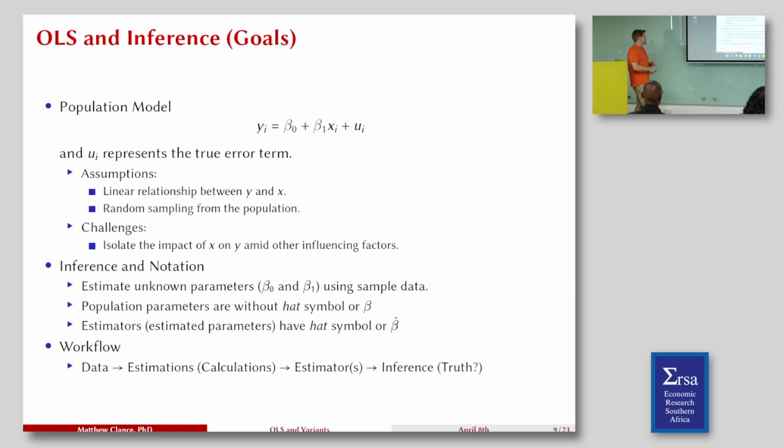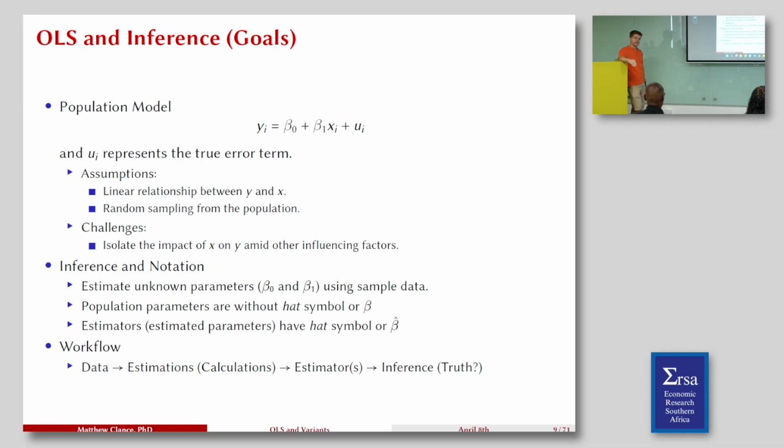But the whole point is to isolate the impact of X, hopefully the variable of interest, on Y, amid everything else that influences this factor. The noise, everything that we can't control for, basically goes into the error term, which is sometimes problematic, mainly because these two might in some ways be correlated.